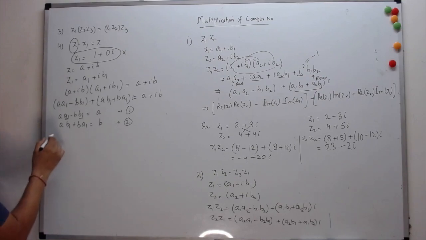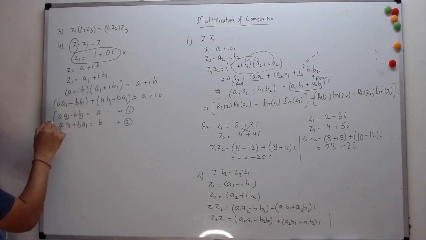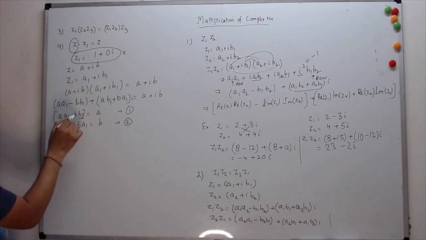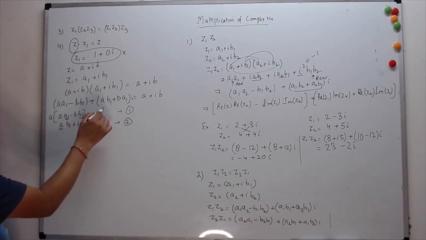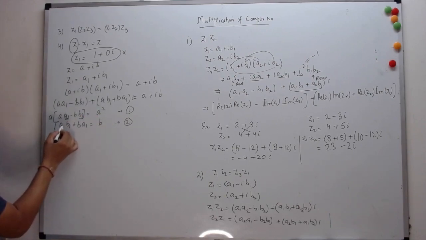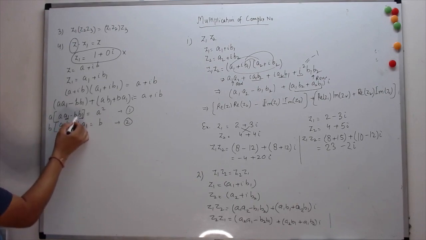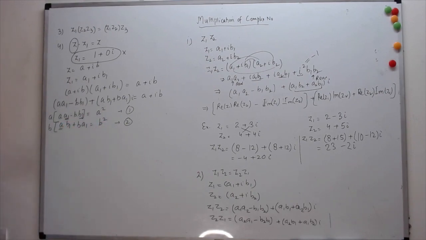I can multiply the first equation on both sides by a, so that it becomes a b b1, and here also, so that becomes a square a1. And I can multiply the second with b, so that it becomes a b b1, which is the same as this, and this becomes b square a1.